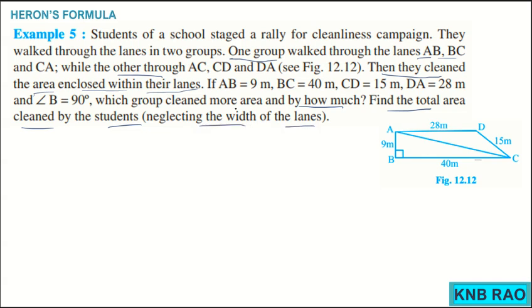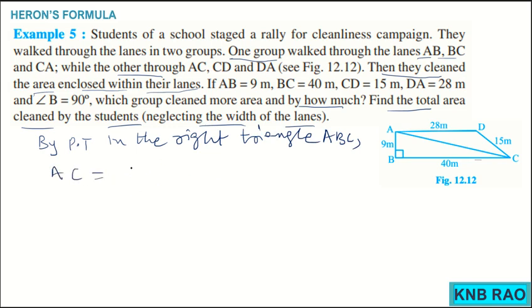Okay, so by Pythagoras theorem, in the right triangle ABC, AC is the square root of AB square and BC square.